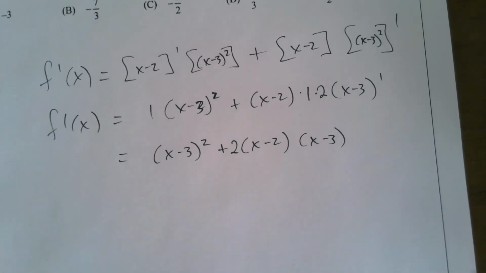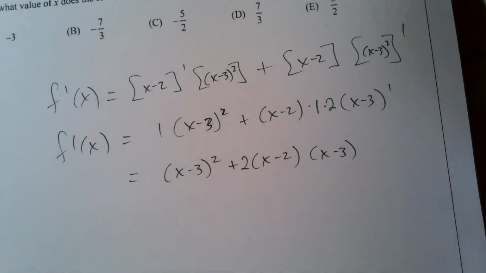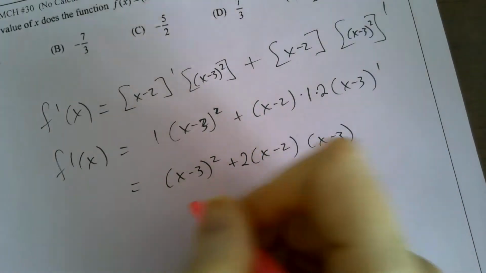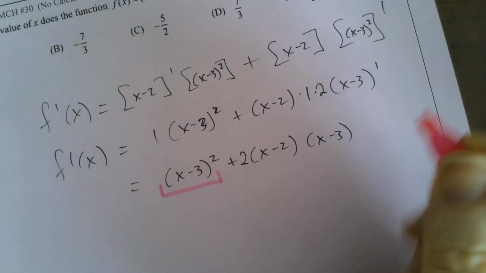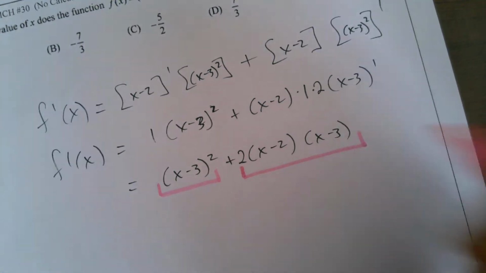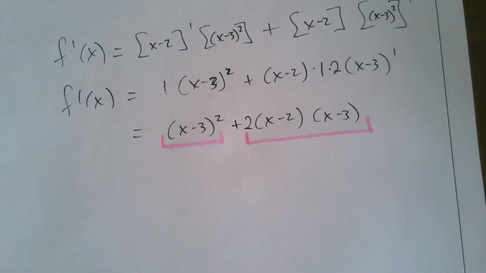Now, guys, you might take a look at this and think that you need to distribute. But it turns out that you don't really need to distribute. If you look at this as one term, and this as another term, they both share a factor of x minus 3. If you didn't get this problem, it could have just been an algebra issue here.